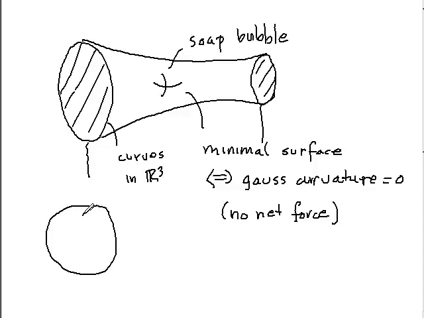is not a minimal surface, because the Gauss curvature is 1 over r squared, which is obviously positive, and this does not have Gauss curvature 0. Now, this is a closed surface where the surface tension is balancing out the pressure inside of the bubble.